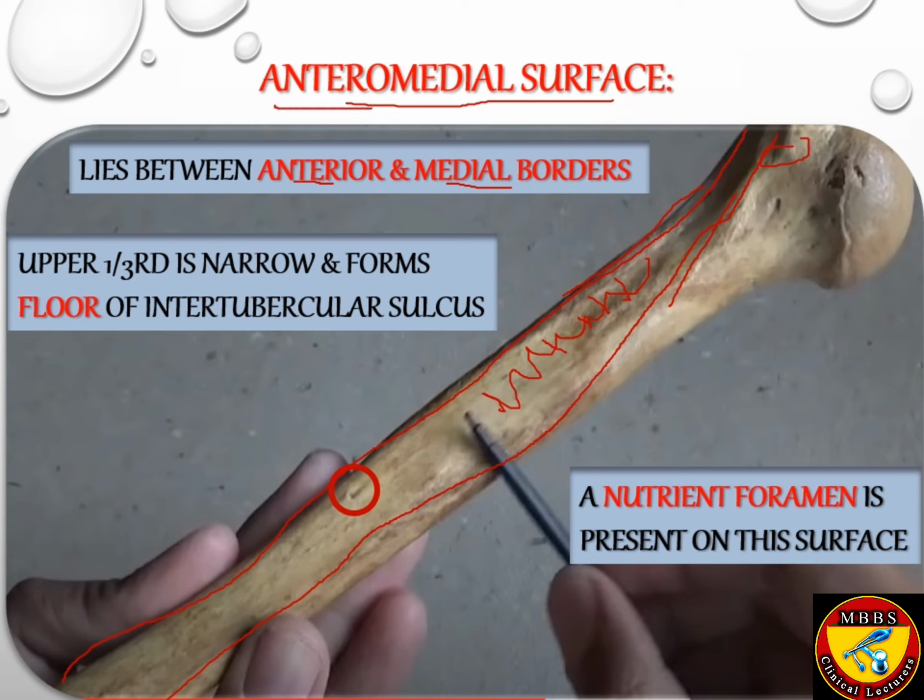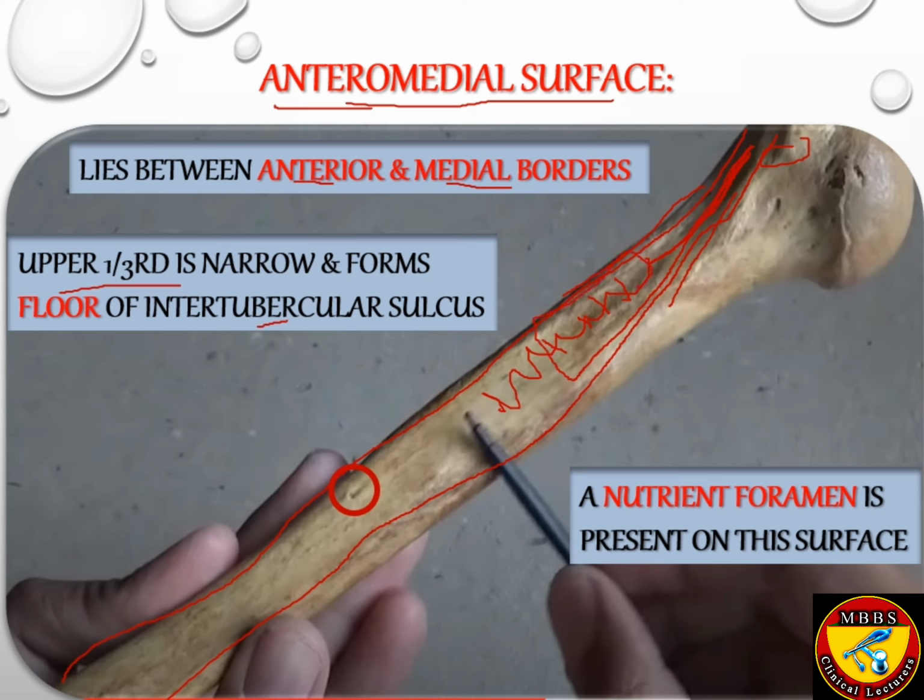The upper third of the anterior medial surface is narrow and forms the floor of the intertubercular sulcus. As it comes down, it gets a little broader compared to the upper part.